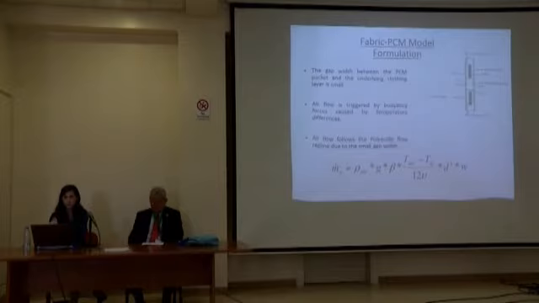And because the gap is small, this airflow will follow the Poiseuille regime. And this is the equation to calculate m dot, which is the mass flow rate of the driven air. So I have to denote that d is the distance between the PCM and the inner fabric, but w is the width.